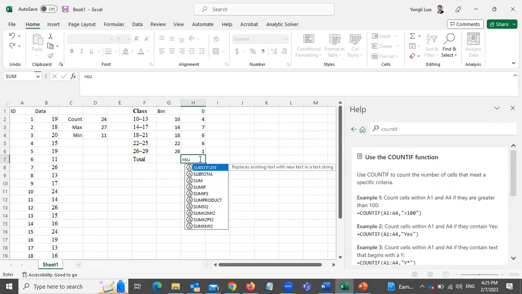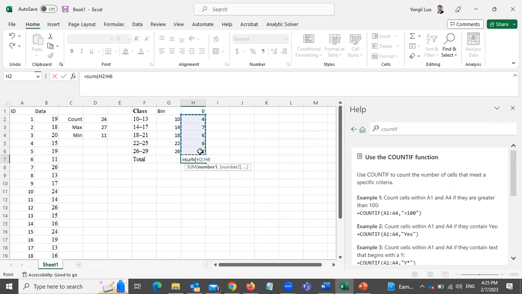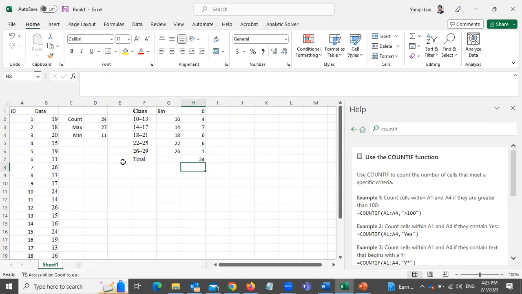Yes, SUM. When you sum them up, you're supposed to get 24, which is the count. So you count that as 24, that is actually what you got.